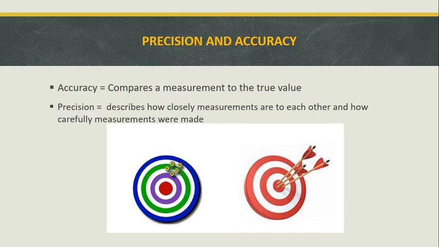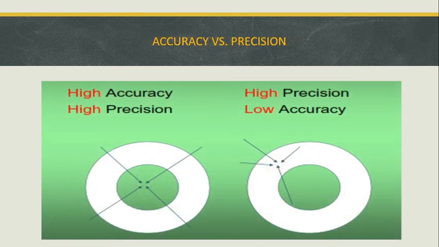Okay, we can define it more deeply. Next one is also precision and accuracy, but we should know very clearly what is meant by accuracy and precision. Here there is a circle, and at the center of the circle we should achieve the target. Here four arrows achieve the target.